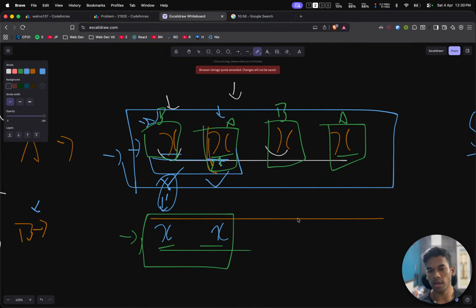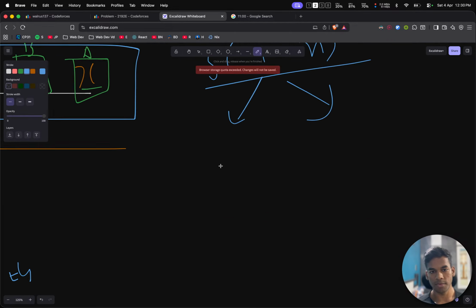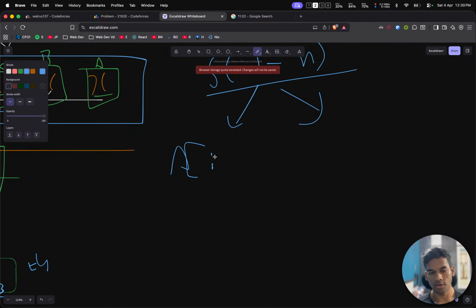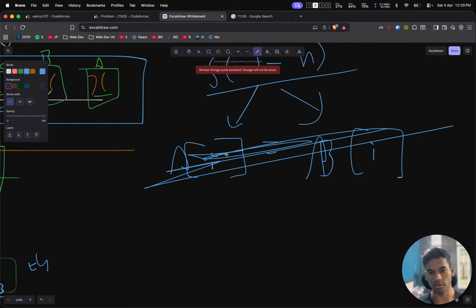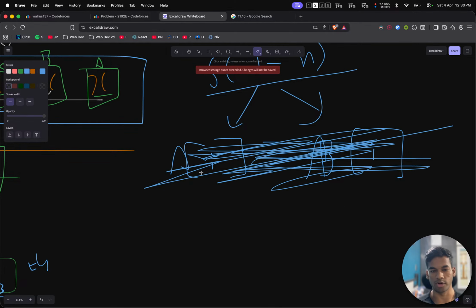And also, we don't have to look at indices where, let's say, there is some index I where AI equals BI. We can just ignore this because swapping this does not even matter.